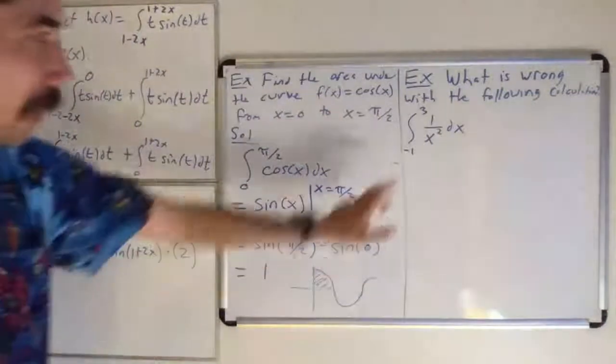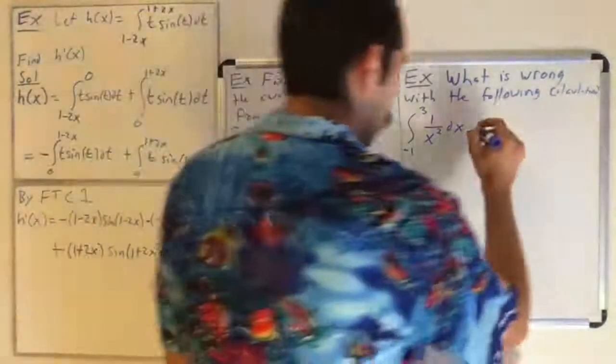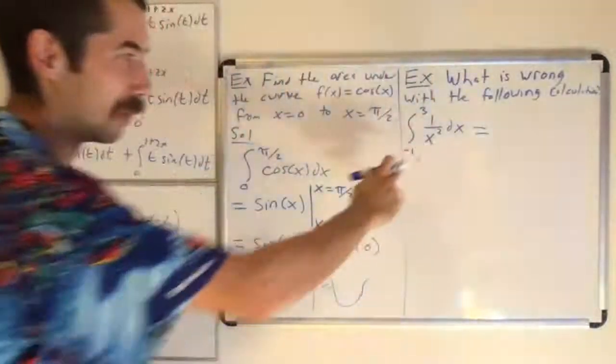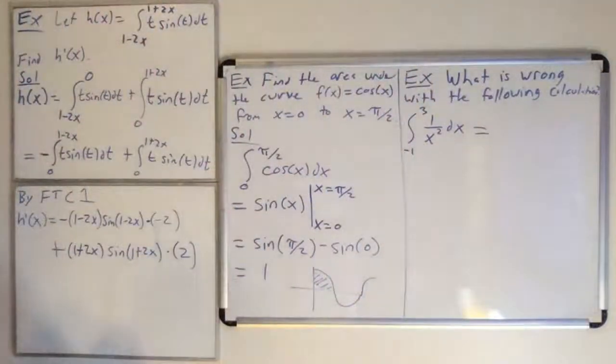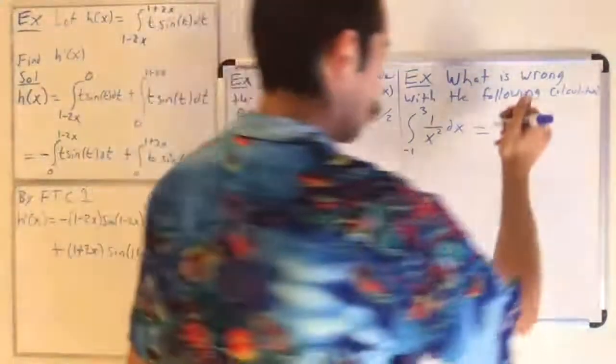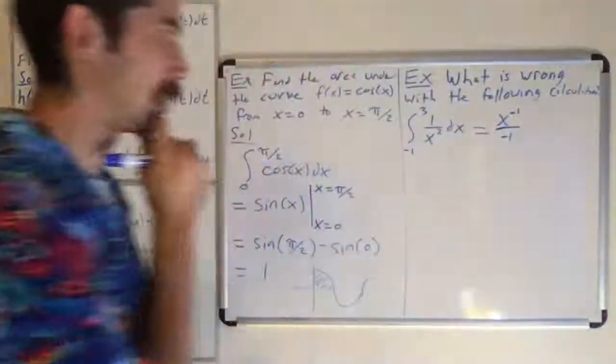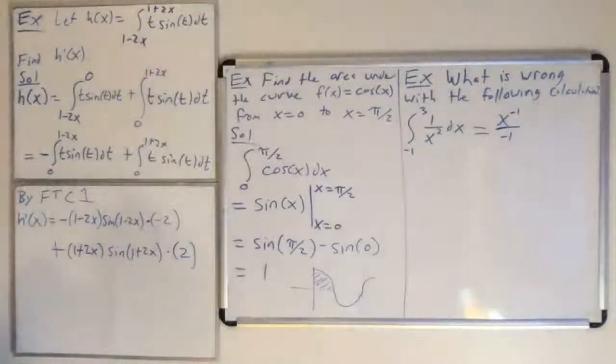And I claim, well, what do we do? We find the antiderivative of x squared. So it's finding the antiderivative of x to the -2. We increase the power by 1 and divide by the new power, right? And then we evaluate at the endpoints.